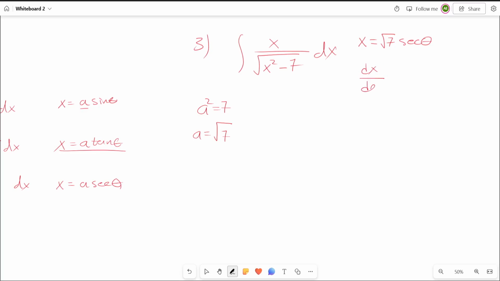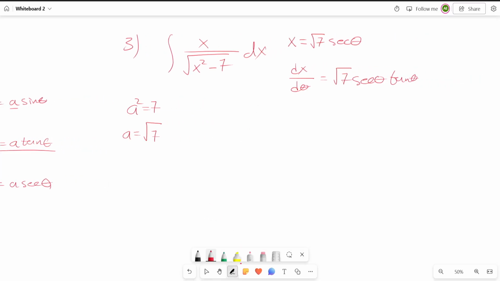So dx by d theta is going to equal, okay, now what is the differentiation of secant theta? It's basically secant theta times tan theta. So this becomes root 7 secant theta tan theta. So if I only want dx, I will multiply both sides by d theta, and this becomes my dx.